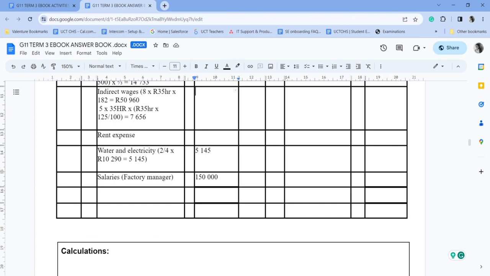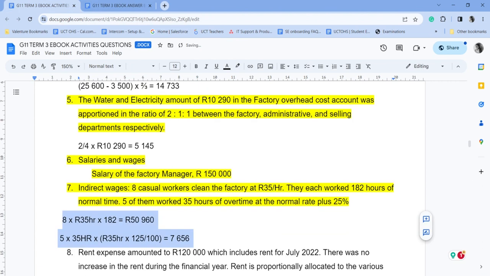Okay, I am getting 58,616. So now I am done with the wages.